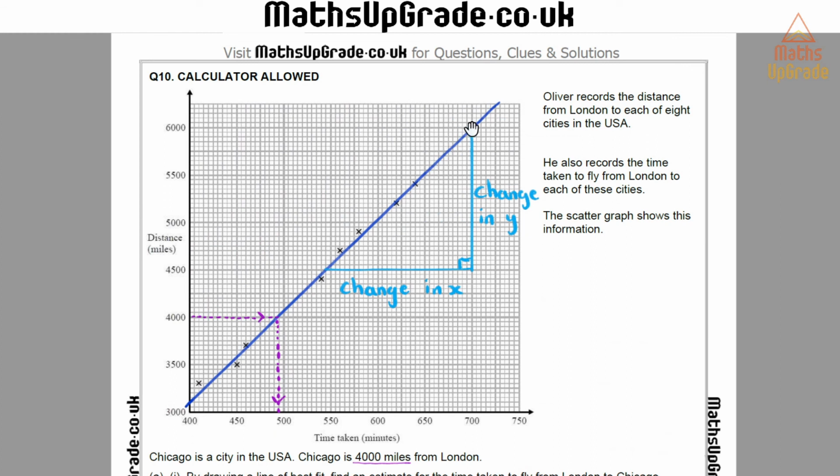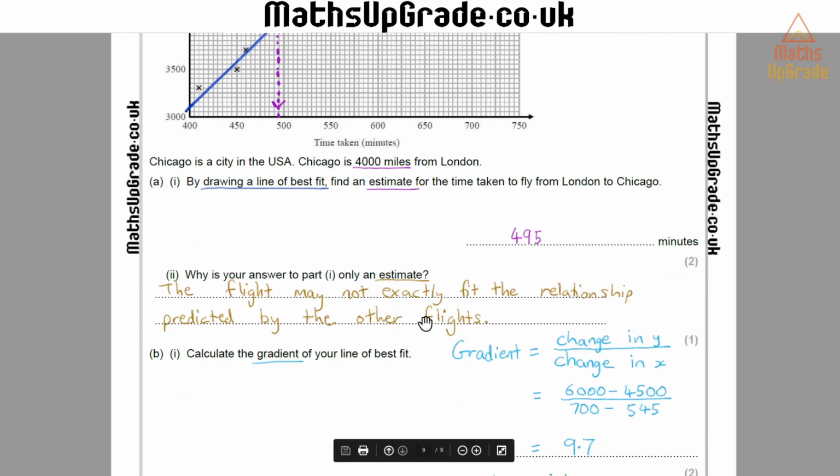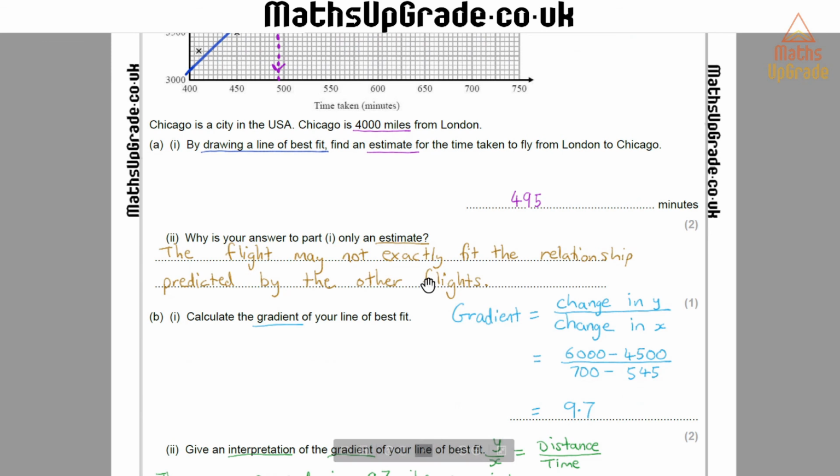So I've picked this point here, which is easy to read the values of, and this point here. Again, it's quite easy to read the values of here. So the change in y, 6,000 subtract 4,500, and the change in x is 700 minus 545. If I divide those through with the calculator, I get 9.7.